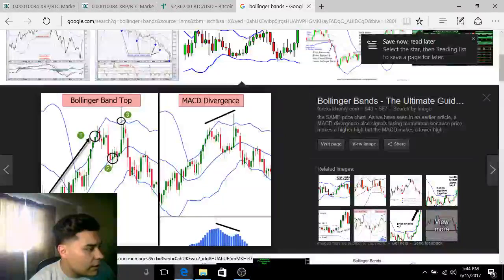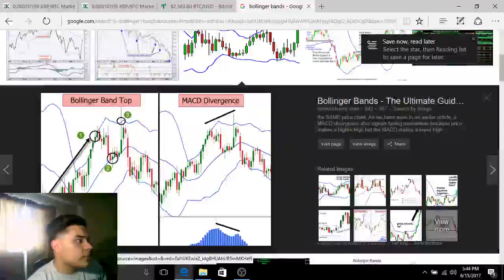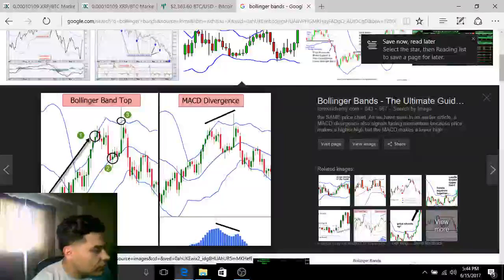Now if the lower band follows up the upper band, do not buy. Now if the upper band is moving up and the lower band is moving at a steady pace, a good signal to buy. If the band starts to open up like this and type of, let's say, butterfly out, that's another signal to buy.